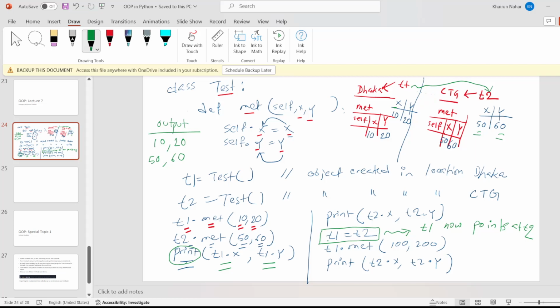A lot of people make this mistake that we store the information or the data of T2 inside T1. But that's not what happens.